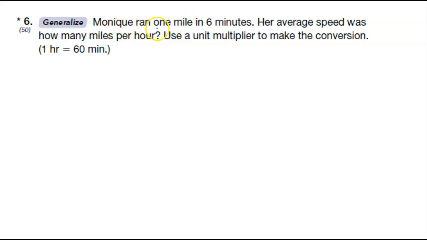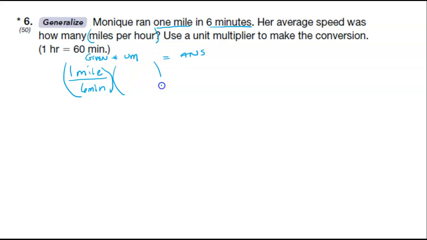Monique ran 1 mile in 6 minutes. Her average speed was how many miles per hour? Use a unit multiplier to make the conversion. So I have 1 mile in 6 minutes. That's my given, times a unit multiplier is equal to my answer.